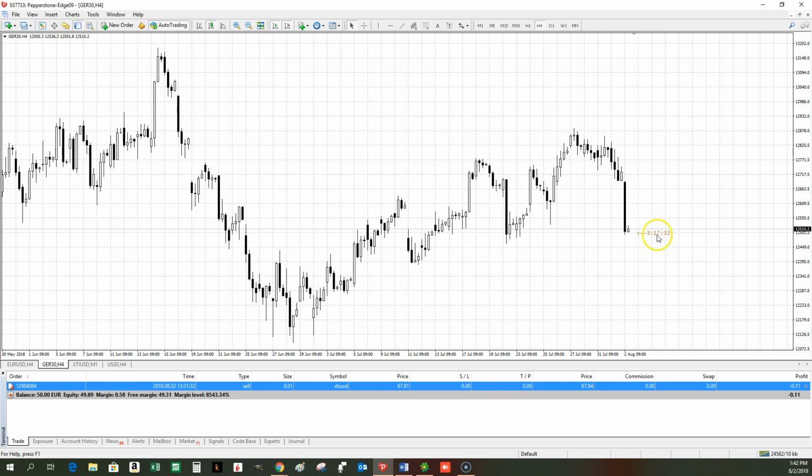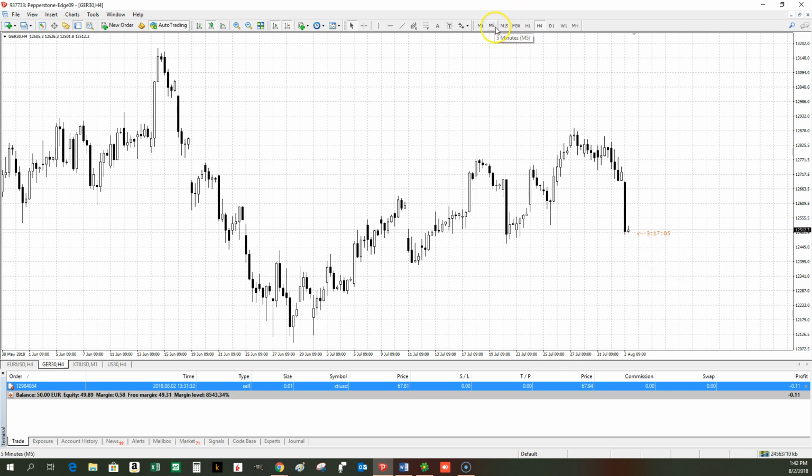We have a new candle that opened on the 4 hours time frame. I see that it's going a little bit up, but it's not really going up. We see that we have a new wick like this.